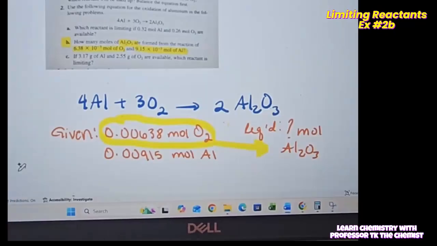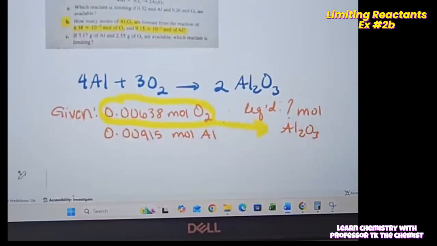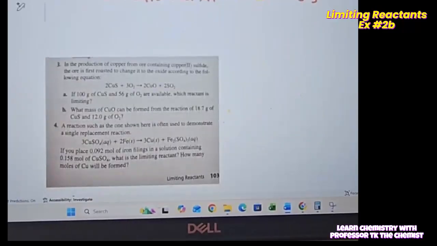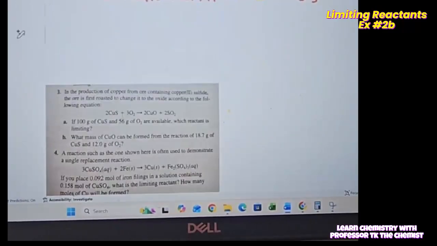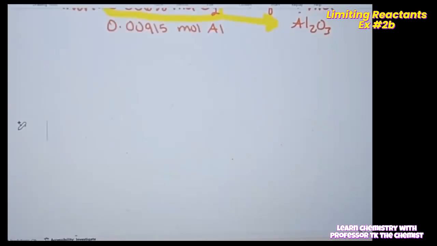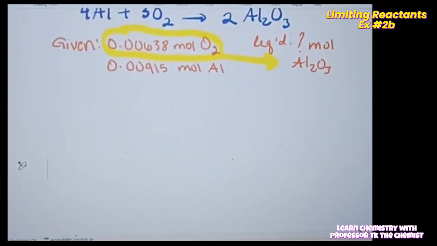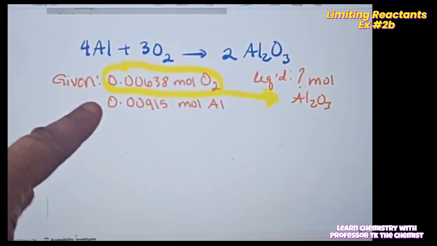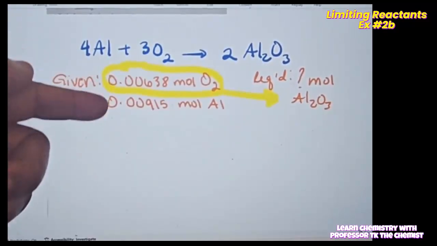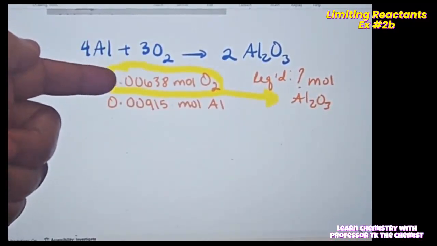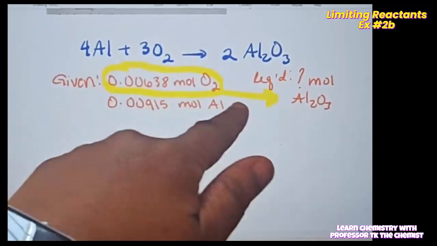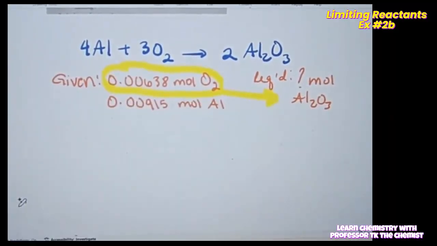Because we're talking about moles, I really believe that moles are simpler because you're dealing with the coefficients, and that's it. Unless grams was given, then you would have to do some additional steps. But in this case, just take the smallest number of moles between the two numbers given, and then convert that to the moles of aluminum oxide.